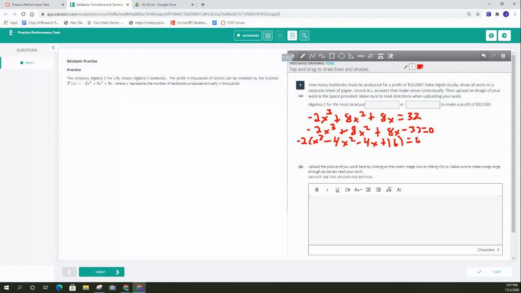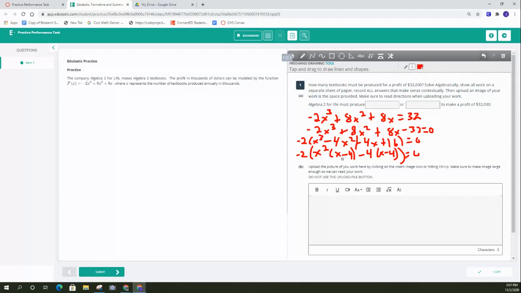From here, I could do factor by grouping, cut it in half. What do those two have in common? That's an x squared, which leaves me with x minus 4. This over here has a negative 4 in common, which leaves me with an x minus 4. Again, all that's multiplied by negative 2.